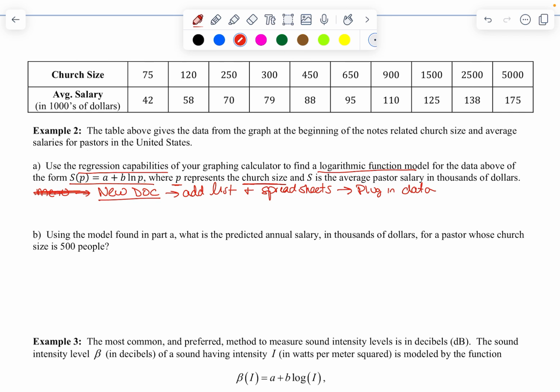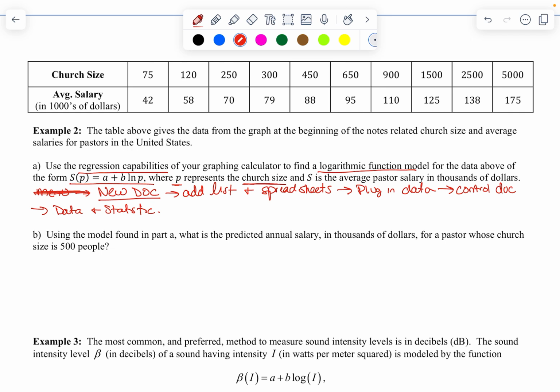Now, after we input the data, you're going to go back to control doc, and then you're going to go to data and statistics, so that you actually have points on your screen.